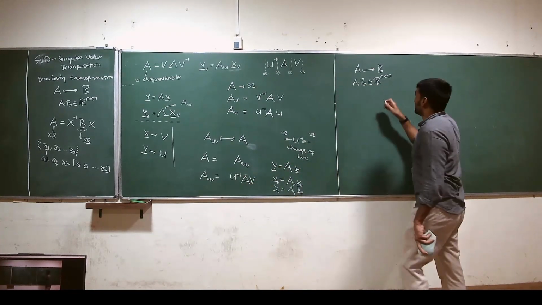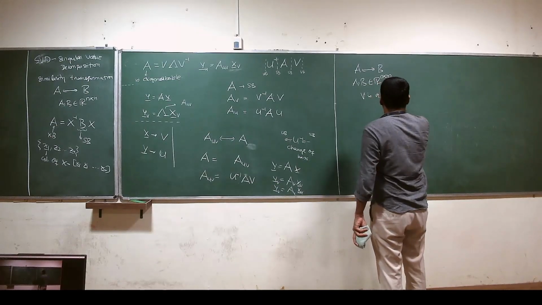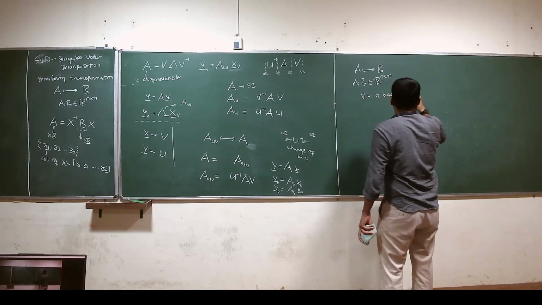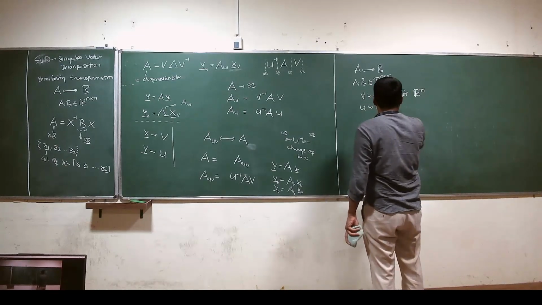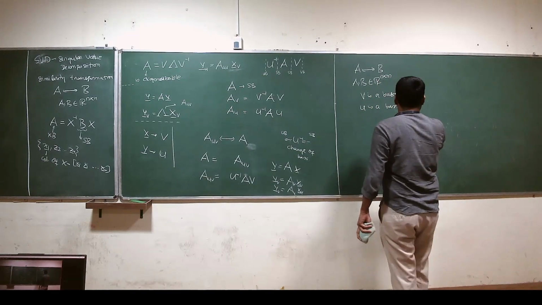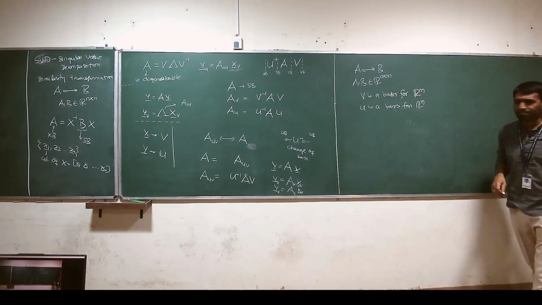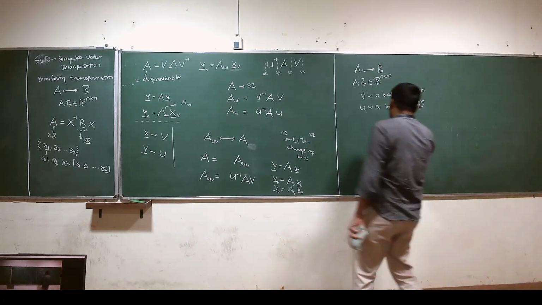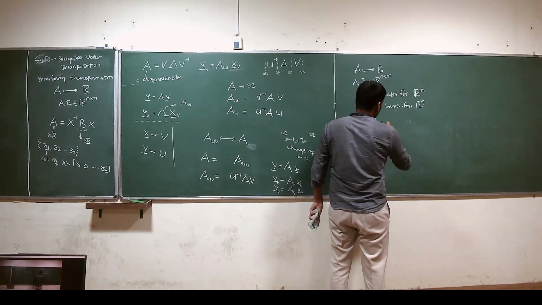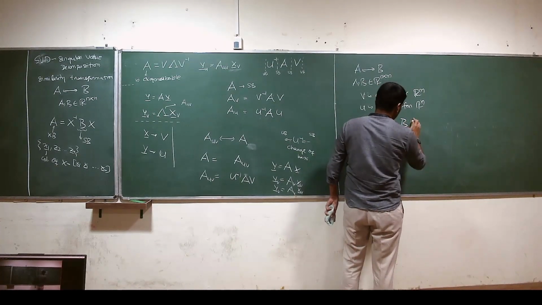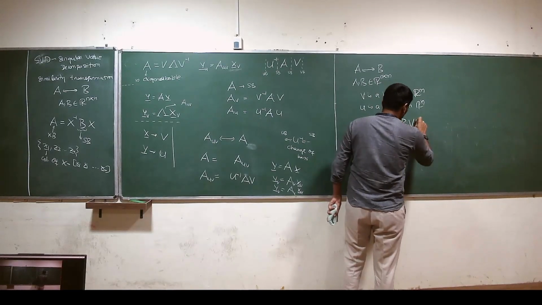If V is a basis for Rm and U is a basis for Rn, and A is in the standard basis, then A, B, this will be U, B inverse.